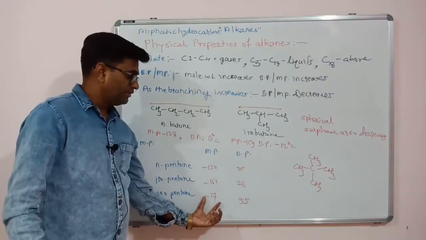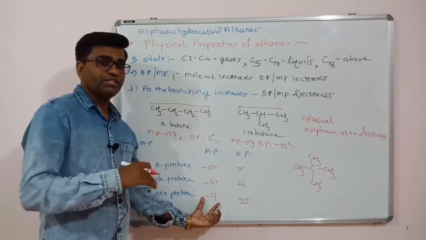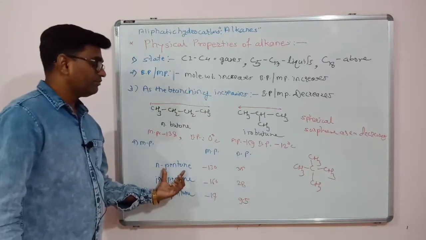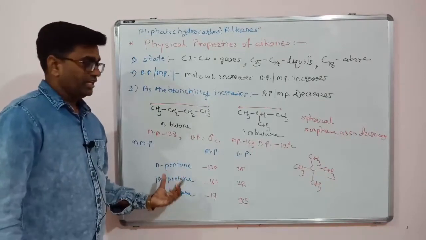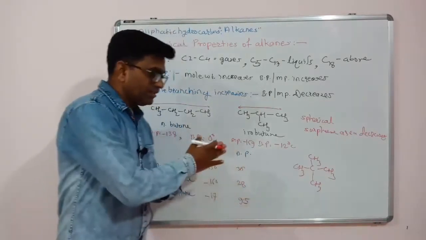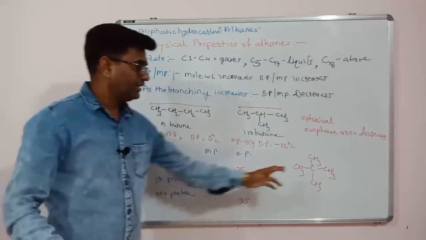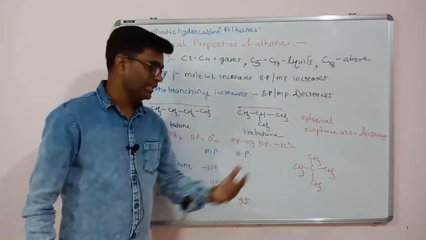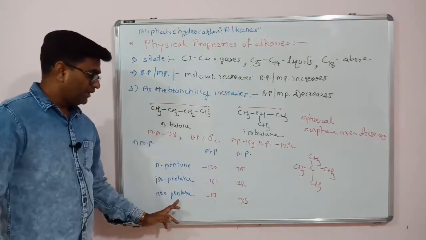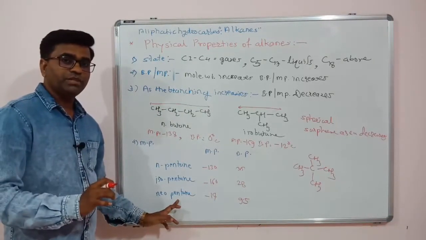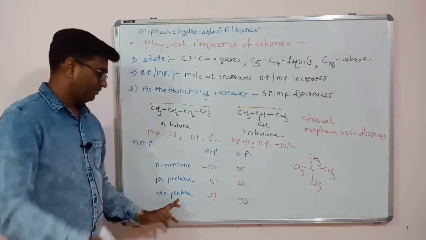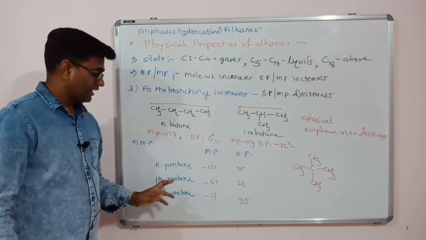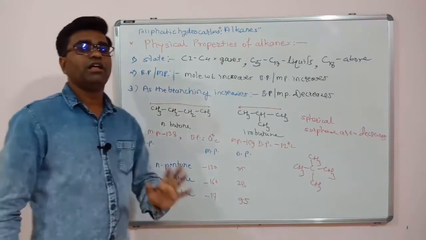See here, the melting point is minus 70. It is much higher than N-pentane also. Even though N-pentane has a large molecular size and neopentane has a very small molecular size, it becomes more spherical. That's why the melting point of neopentane is higher than N-pentane as well as isopentane.